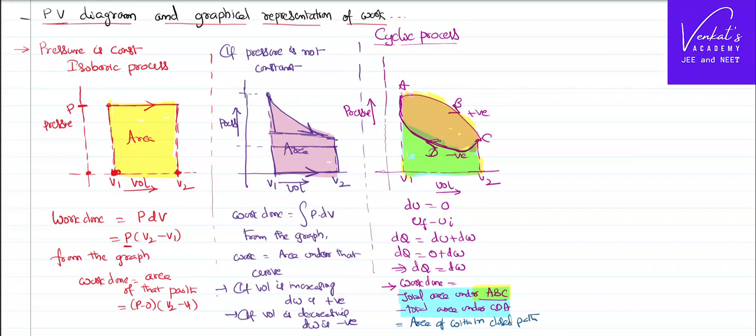So that is the work done, right? That's the work done: the area of that closed path. So in a cyclic process, the area within that closed path has to be identified. That is what we mean by a cyclic process on a PV graph, right?